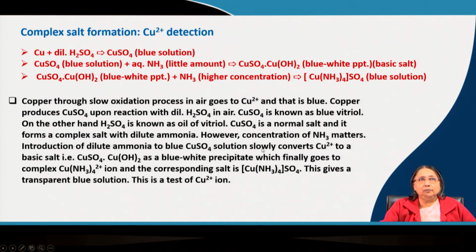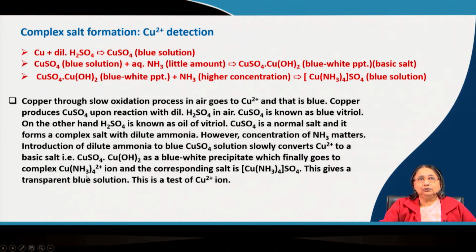Then it will form a basic salt. This is nothing but copper sulphate, copper hydroxide, and it is a blue white precipitate. You will see a blue white precipitate formed in the test tube. Now, if you increase the concentration of ammonia, then what will happen? Finally this precipitate goes into solution.